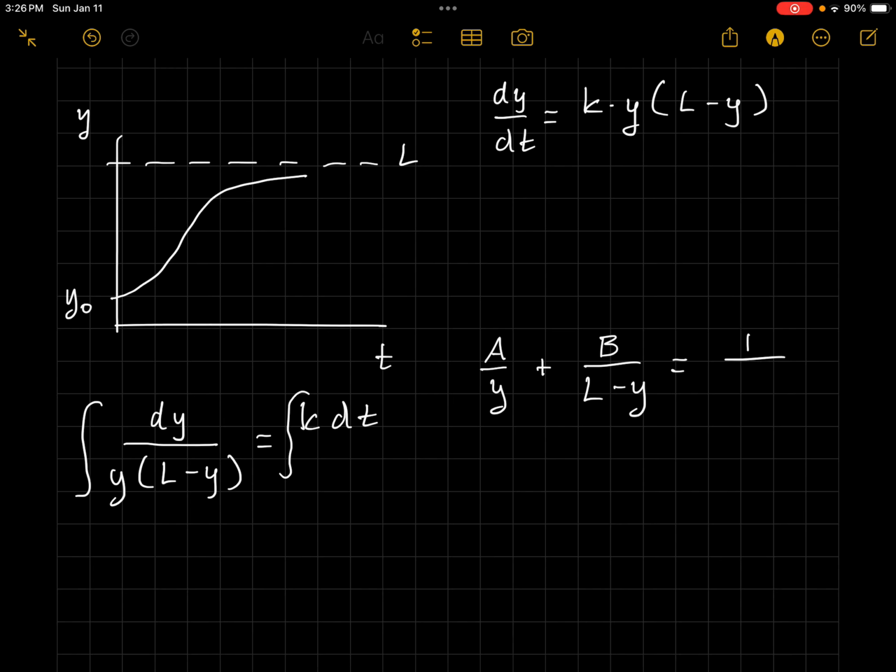We're looking strictly at the integrand on the left side without the dy, where it can be rewritten like this: a over y plus b over L minus y. Finding a common denominator, we would get a times L minus y plus b times y equals 1 over a common denominator, which we can ignore and just solve across the top.